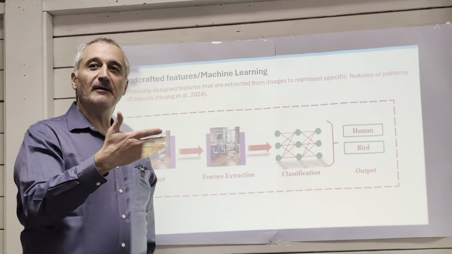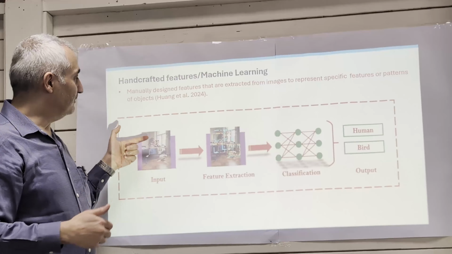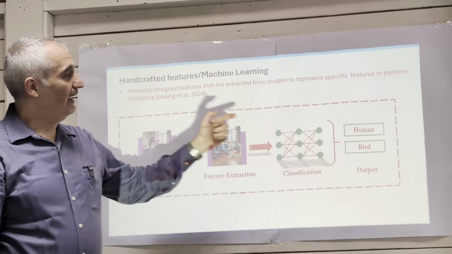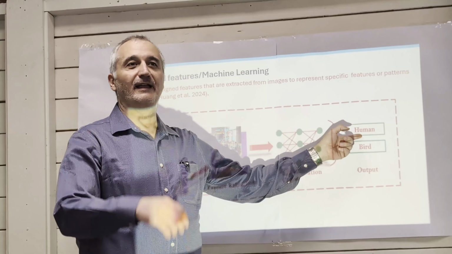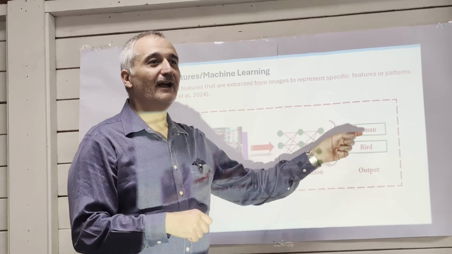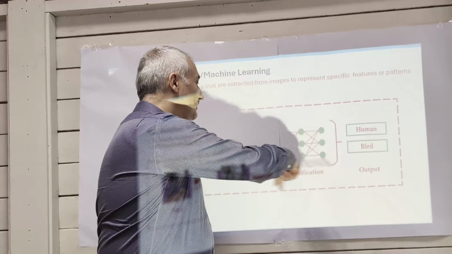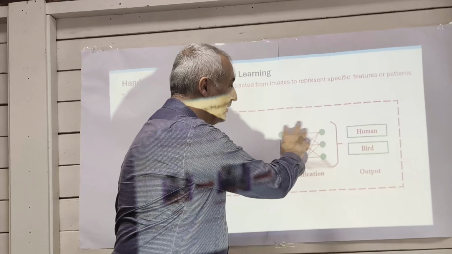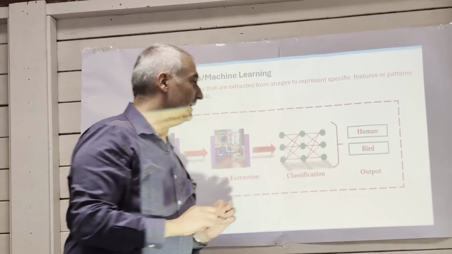We set a threshold saying that if this is a picture of a human and the output says 90% human, that's good enough. If it's 89, keep trying, right? So it keeps trying to readjust those numbers, and then you have the neural net.